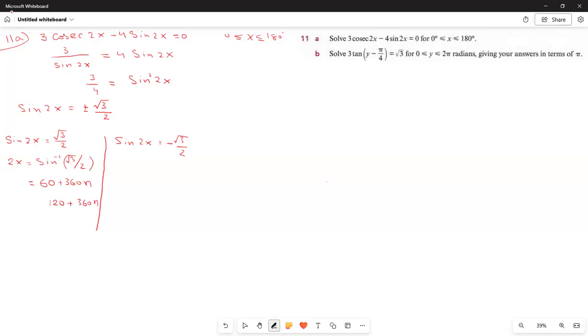Now why am I giving you two solutions? Remember, if we see the sine graph, it goes like this, right? This is 180 degrees, this is 90, and here I have 1. So when I have root 3 by 2, which is 0.866, it hits somewhere here.